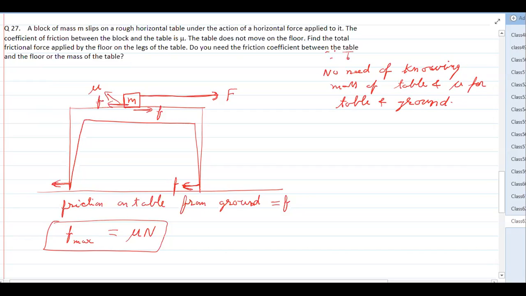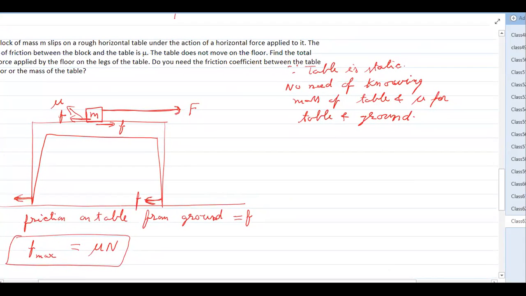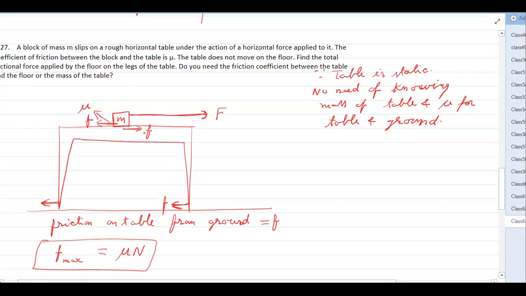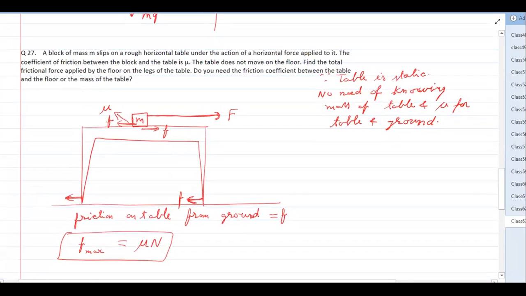Since the table is stationary or static, there will be static friction acting, and a static friction can have any value less than the maximum value. So its value is simply decided by the upper force, decided by this upper force. So no need to write the coefficient of friction.